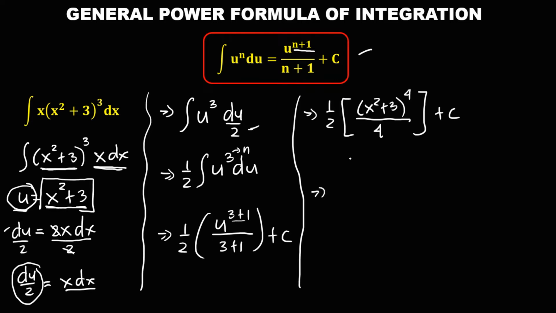And for the final answer, multiply this 2 times 4, that's 8. So we have 1 over 8 times x to the power 2 plus 3, quantity to the power 4, plus c.